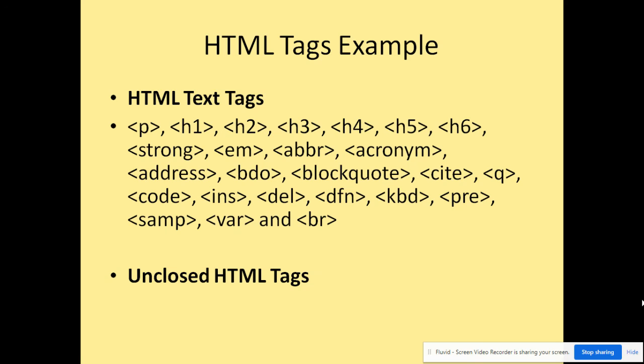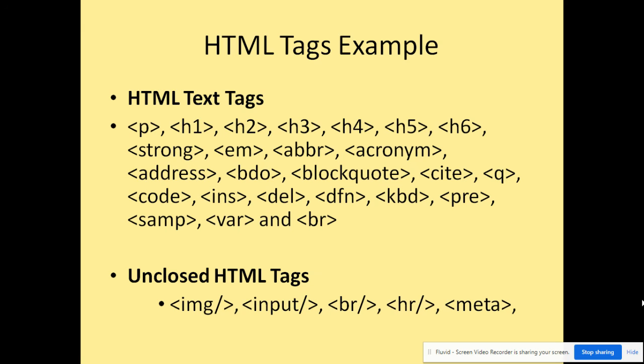When you open that tag, write content, it needs to be closed. But some tags are known as unclosed tags, meaning there is no need to close them. They are the image tag, input tag, br tag, hr tag, and meta tag. So this is about tags. I hope you get a clear idea about tags.